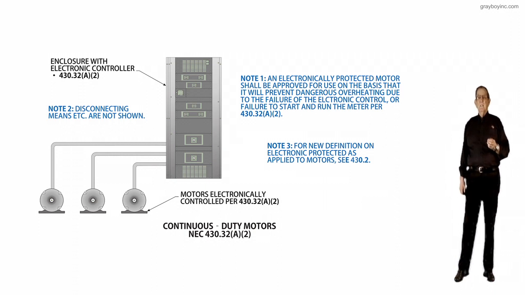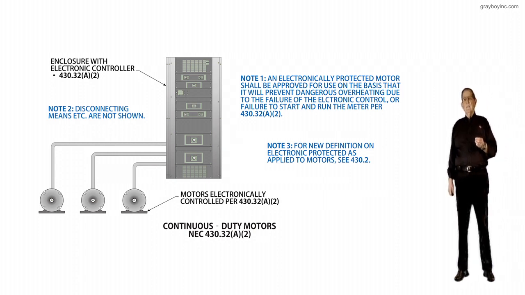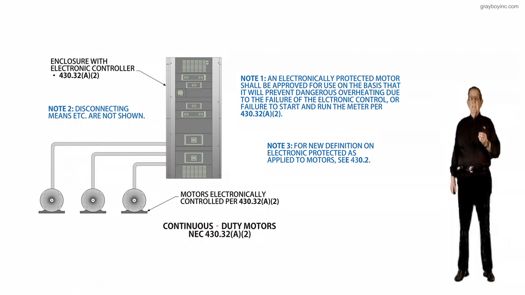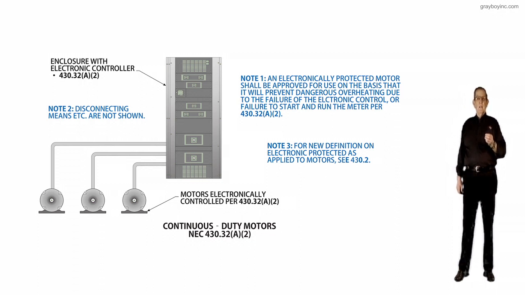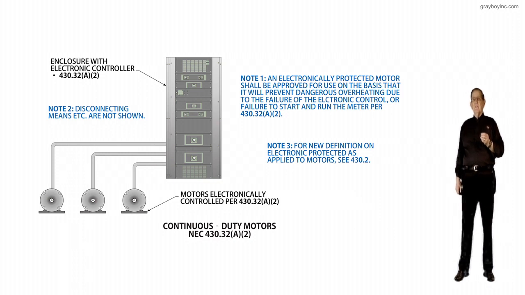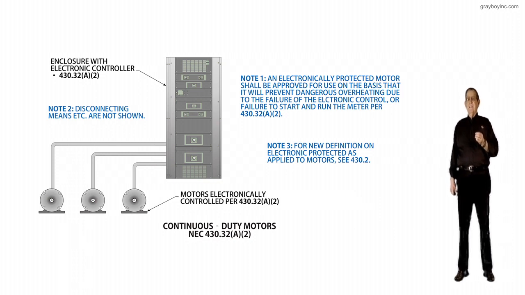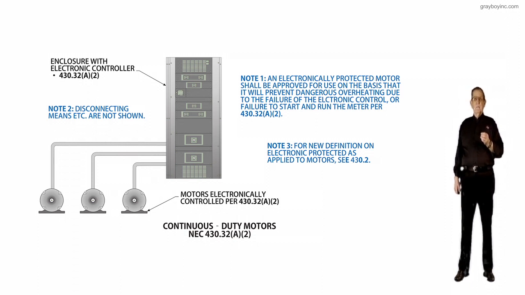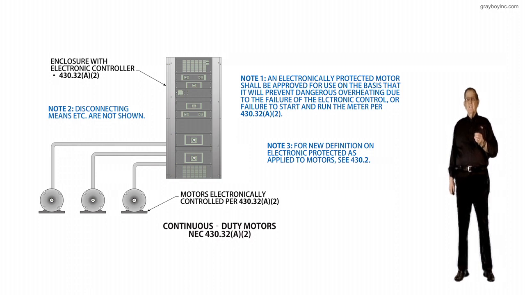UL 1004-3, for example, is the ANSI standard for traditionally bimetal thermally protected motors, and thus the requirements for levels of protection are identical. Note that the overload protection is not adjustable as an electronically protected motor.